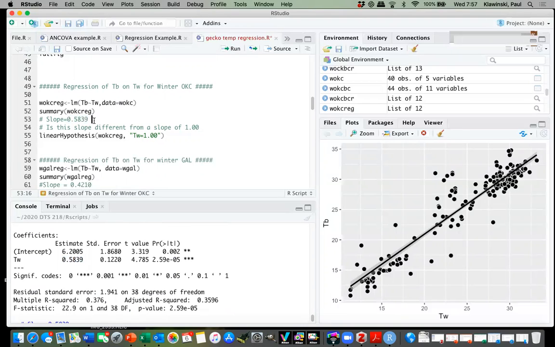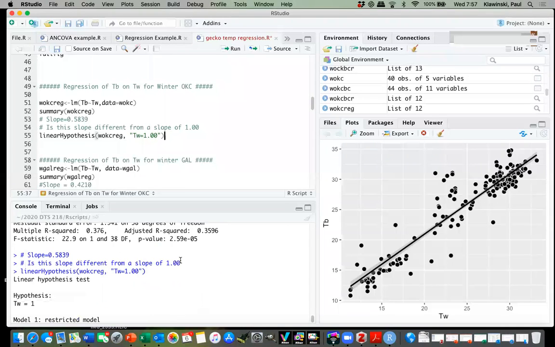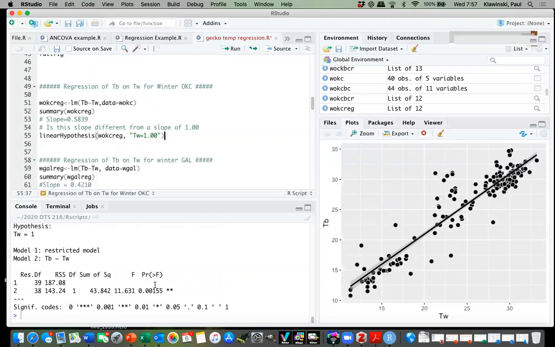I'll put that in there just so I don't have to go back and rerun code in order to look it up. I can just open up the script and the result is there. So we find that this is a slope that is significantly different from 1, which would mean that these animals during winter are not thermoconforming. They're just cold is what they are.